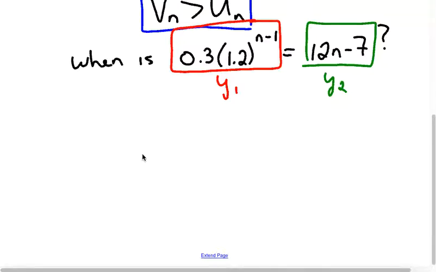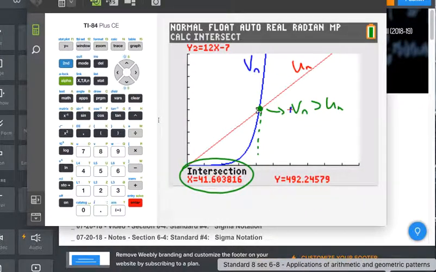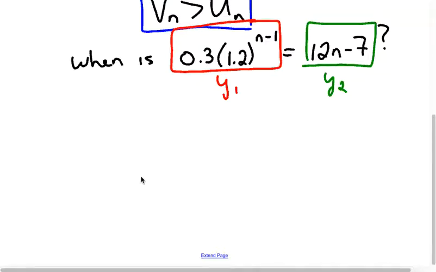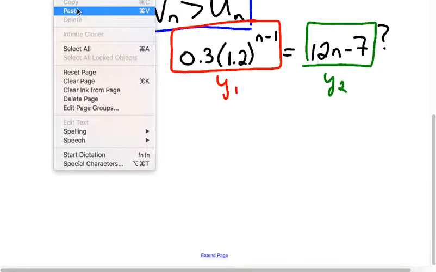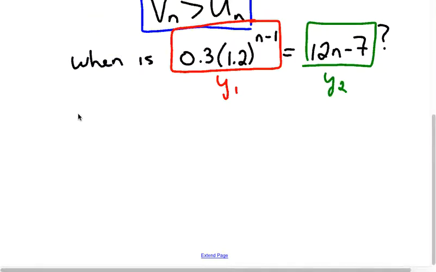Let's see. A little out of practice. I've got to figure out how to do this part again. That doesn't do it.